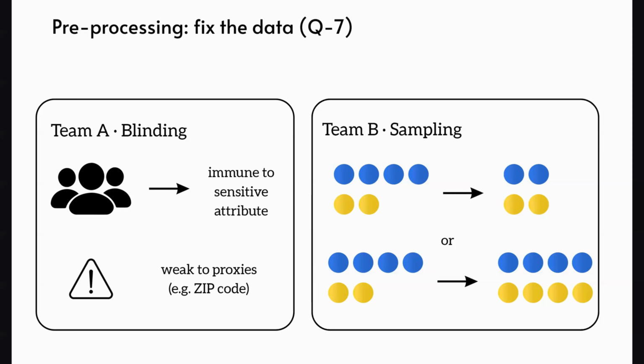Hence, blinding is not always the best. It depends on the data set you are using, whether how much data you lose makes sense or not. Second is sampling.